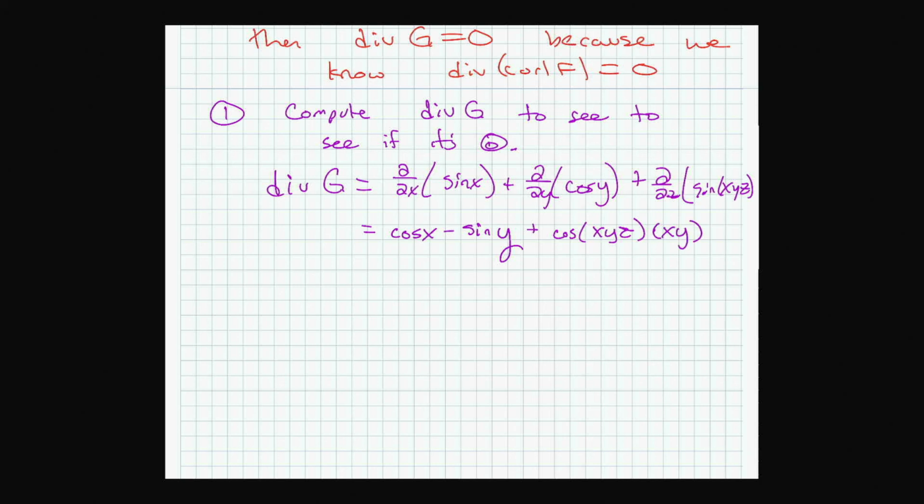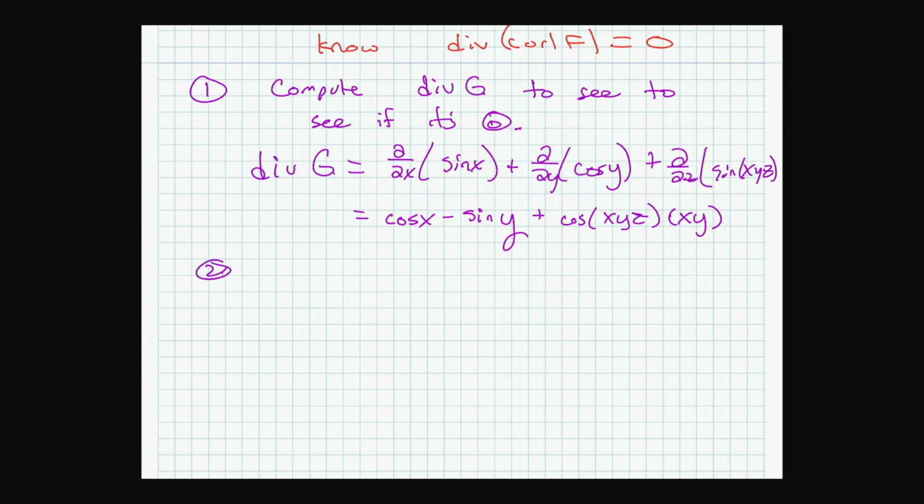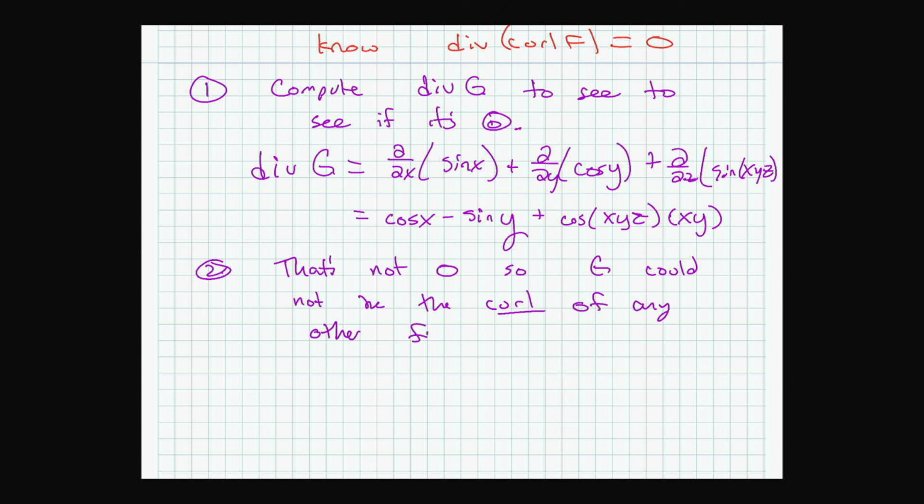So I look at that, I say that's not 0. In general, it's not 0. So that means that G could not be the curl of any other vector field, right?